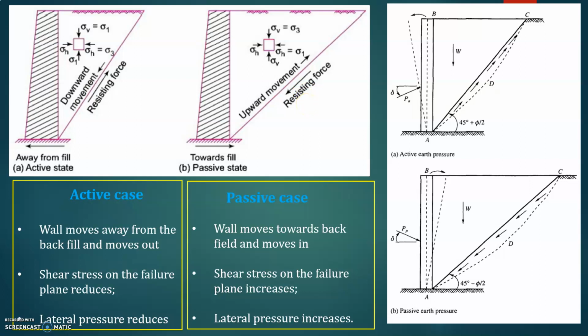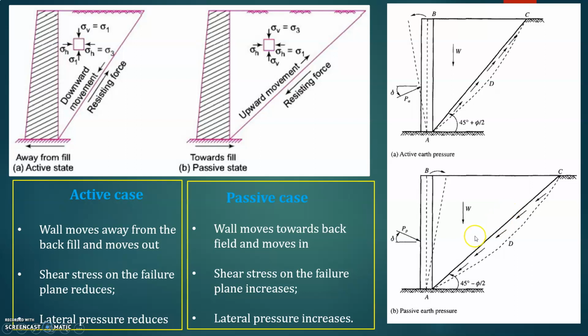At this stage of failure, the sliding wedge is formed, and this wedge of soil mass moves backward and in the upward direction. So the resisting force due to shear strength of the soil is developed in the downward direction along the failure plane.